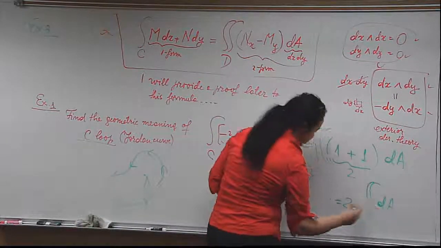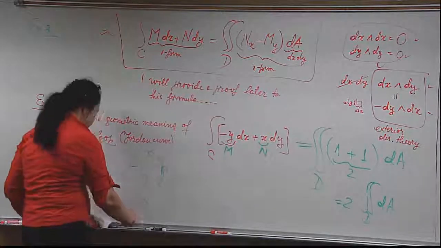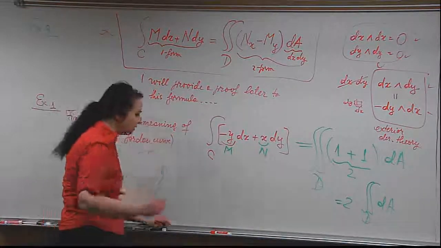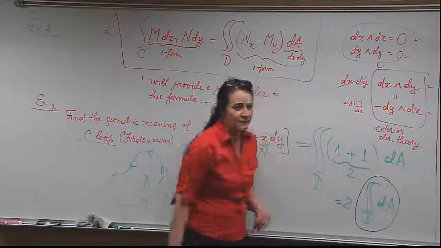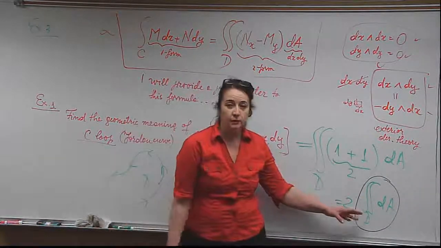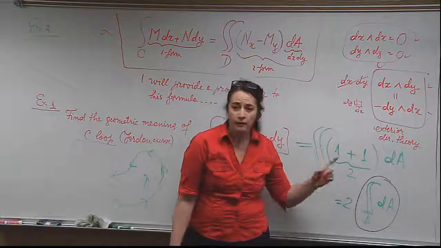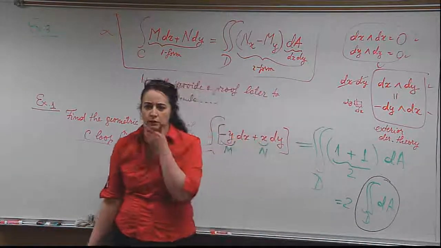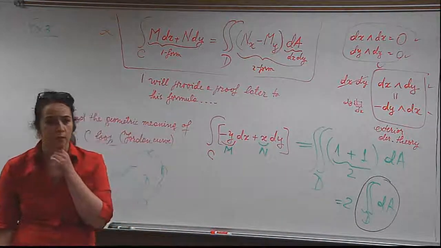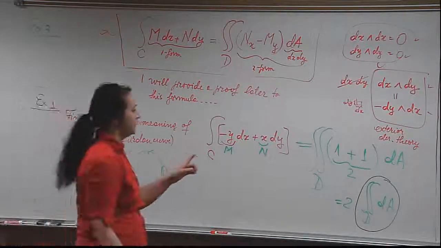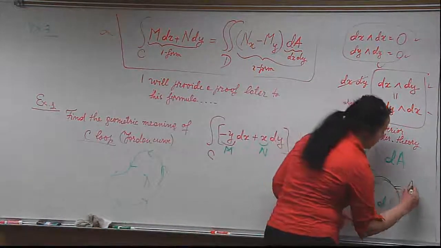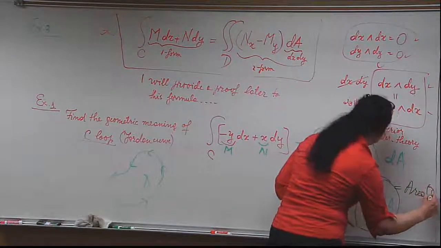You have seen this guy all through the Calculus 3 course. You were tired of it. You said, I cannot wait for this semester to be over, because this is the double integral of 1 dA over D. What in the world is that? That is the area. Very good. This is the area of the domain D inside the curve.